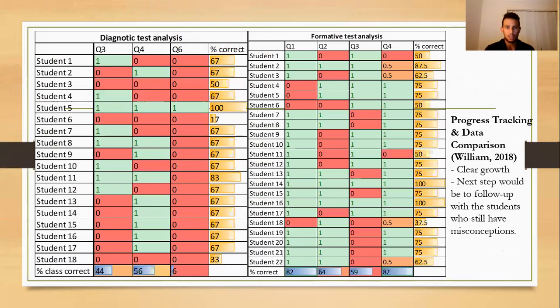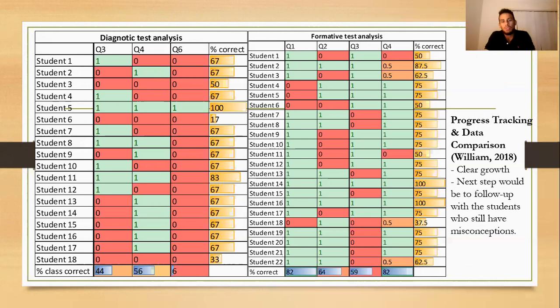Again, so this is just more data analysis, progress tracking and data comparison, obviously reinforced by Dylan Wiliam again. He says progress tracking is an important factor of embedding assessment, because it enables teachers to gauge where the learning is at and see where the improvements are.